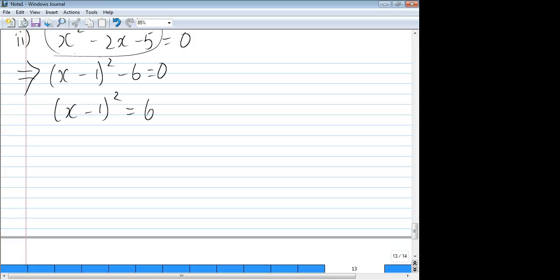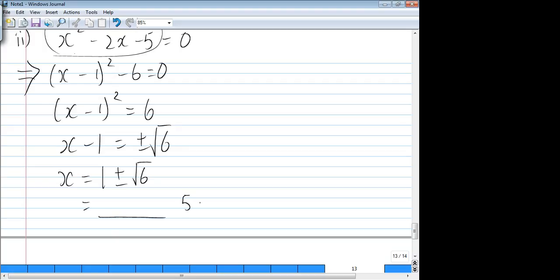Okay, please have all these questions in your mind when you do it, okay? So x minus 1 equals to plus minus square root of 6. So x must be equal to 1 plus minus square root of 6. So get your answer in 5SF. Then you round it off. There will be two values, this one or that one.